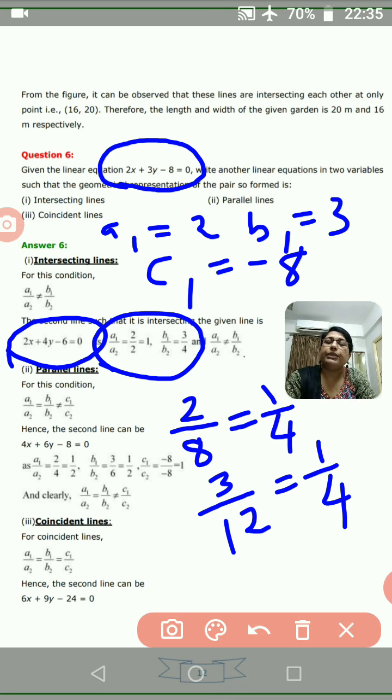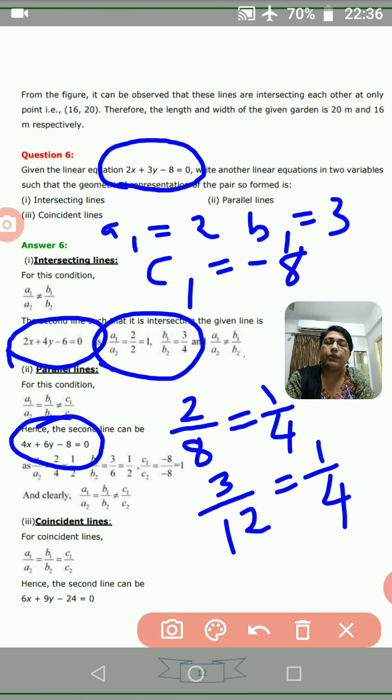And now c2. Here c2 I will take in such a way that c1 upon c2 is not equal to 1 upon 4. Then here I have written 8. I can take any other number also; if I take 1 then also it is okay, if I take 4 then also okay. Another equation also written here: 4x plus 6y minus 8 is equal to 0.